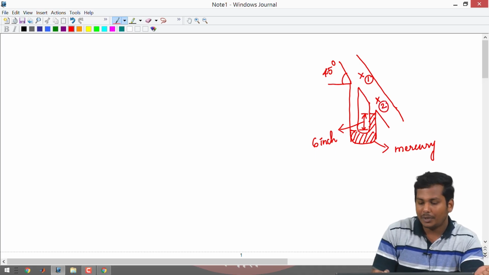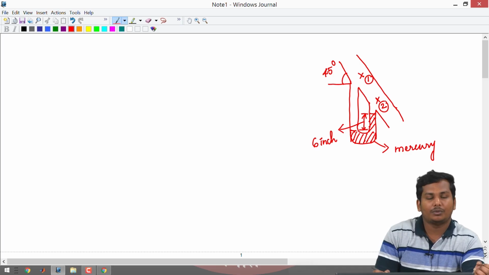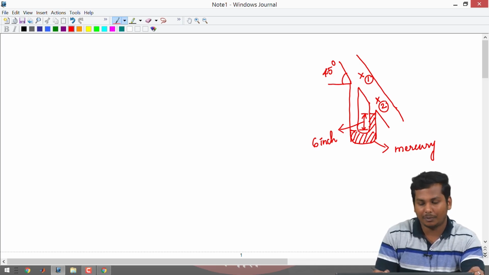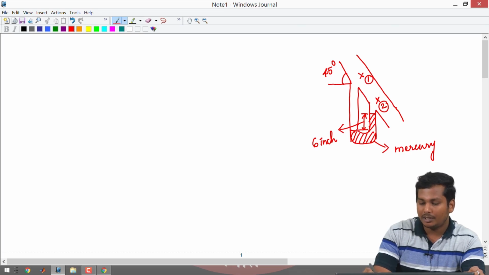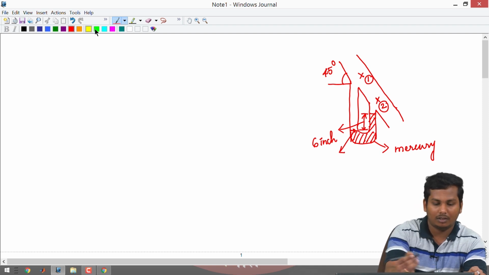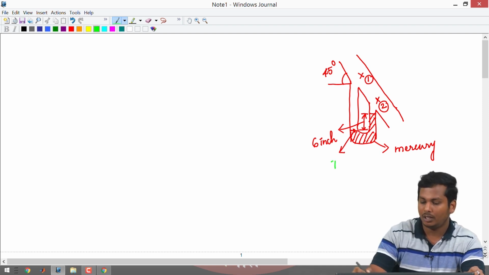We know that the U-tube manometer works on the principle of hydrostatic equilibrium. Using that, first we will calculate the pressure at point 1 and at point 2.